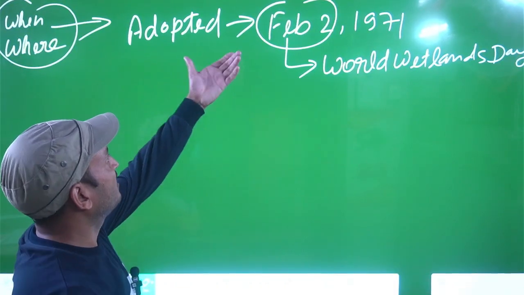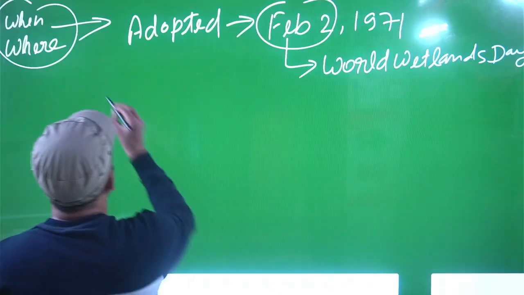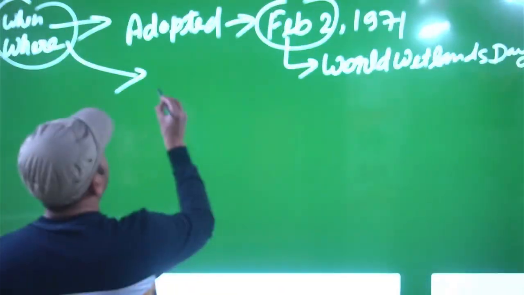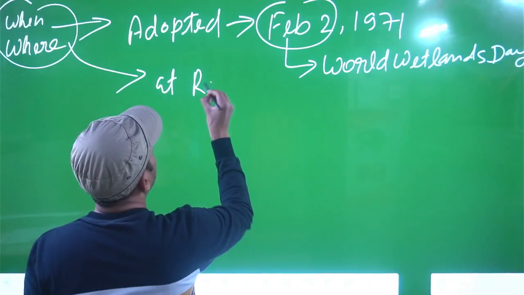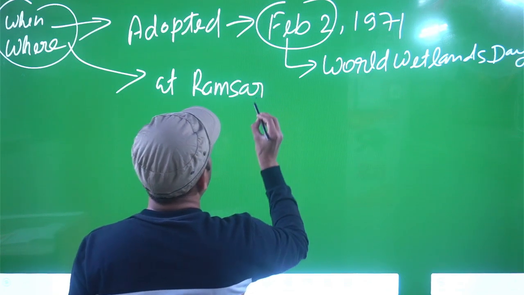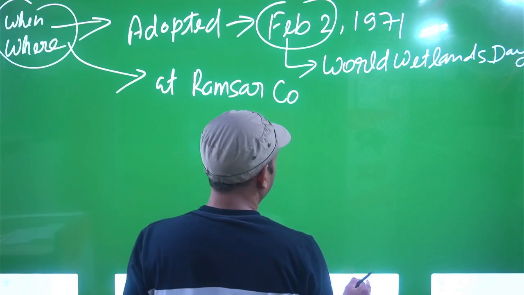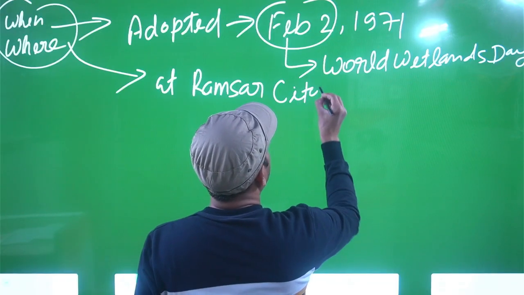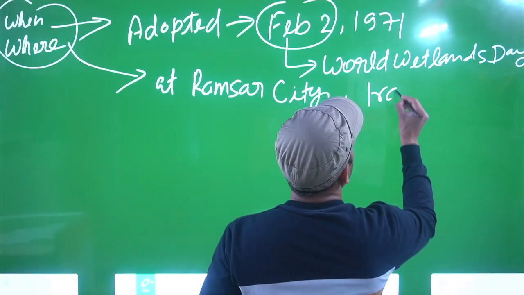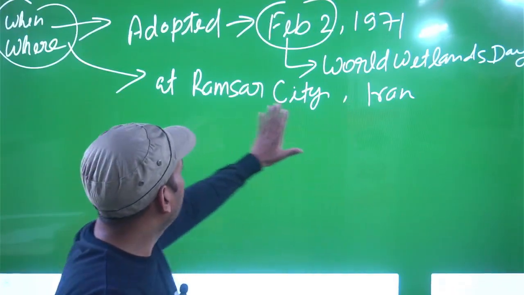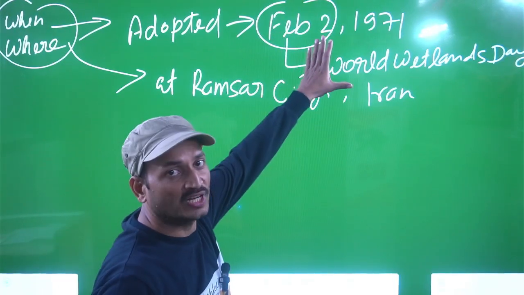So it was adopted on February 2, 1971, at Ramsar city. That's why it is known as the Ramsar Convention, because it was adopted in Ramsar city, which is a coastal city of Iran, towards the Caspian Sea.